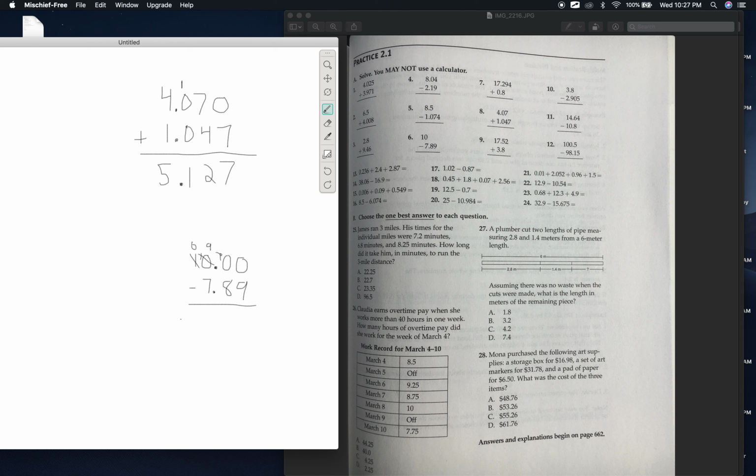This becomes a 10. No, it doesn't. It becomes a 9, because we need to borrow for this 0. There we go. So 10 minus 9 is 1. 9 minus 8 is 1. 9 minus 7 is 2. And 0 minus 0, nothing is nothing.